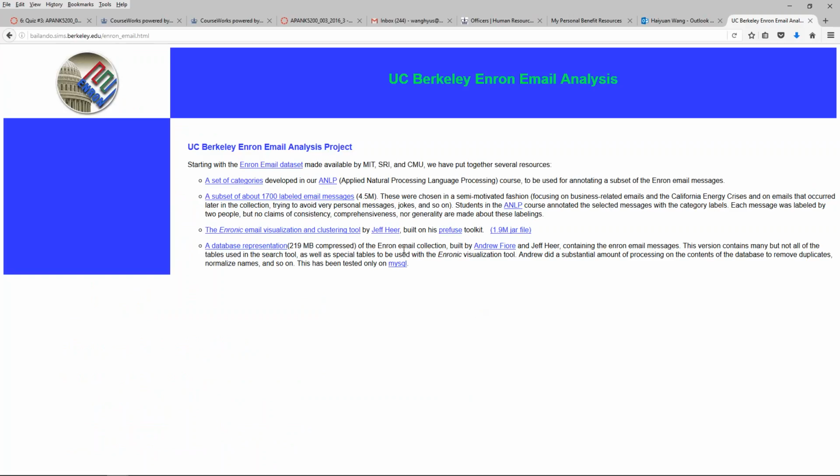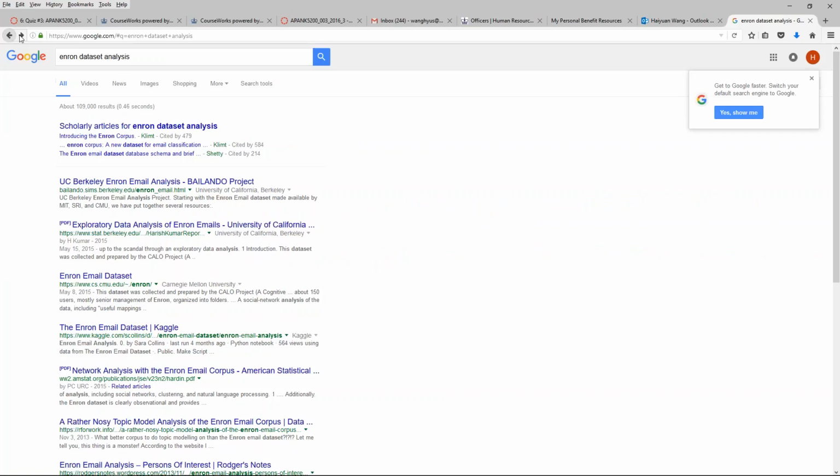It says, starting with the Enron email data made available by this, people started analyzing it. It's not only social network analysis, but also text mining because it's email data. So let's pick one of these examples and see if there's something interesting we can take a look at.